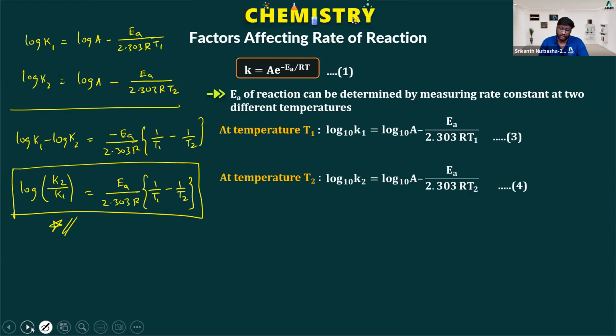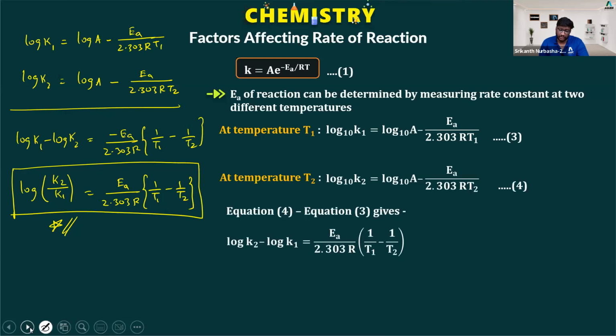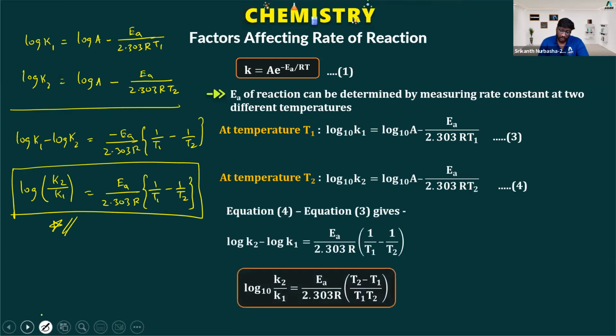At temperature T1 and temperature T2, you have the same equations, whatever we have written. Log K2 by K1 is equal to Ea by 2.303 R into 1 by T1 minus 1 by T2. And we can also do the differentiation. K is equal to A into e power minus Ea by RT.